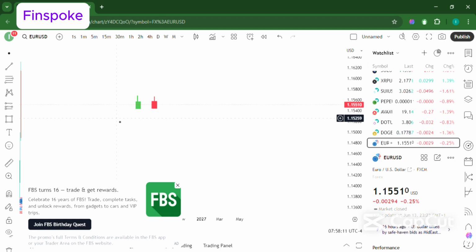It is called shooting star. It is a possible reversal candle when you spot it, especially at the higher time frame.